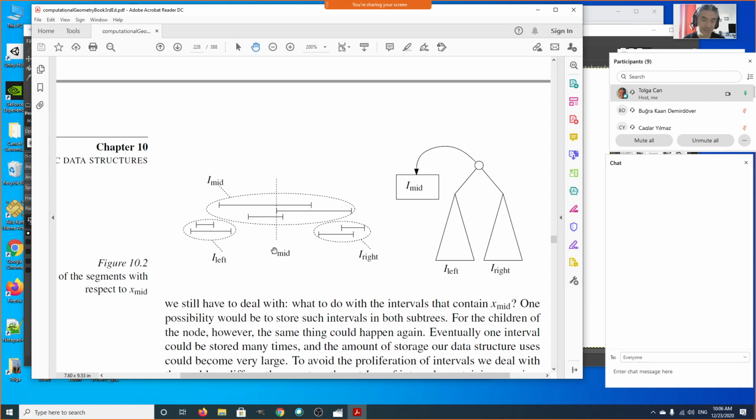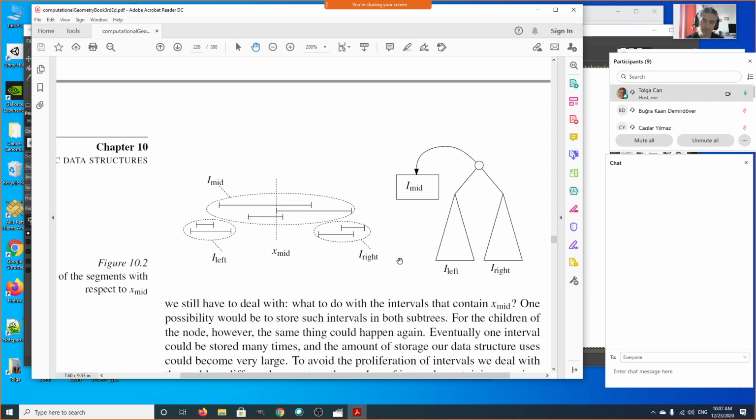So if I do this recursively, at every iteration I'm going to be dividing my set into half or maybe even less, because there is a third set, I mid, which may also contain some of the line segments. If we have some random line segments like this, its expected height may be less than log n.